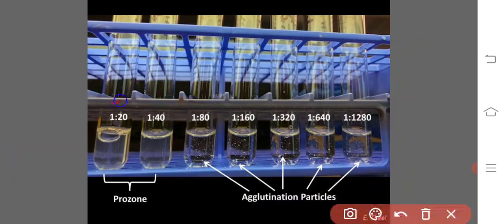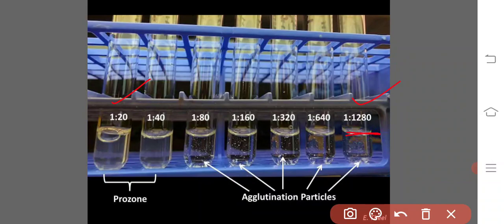Here, 1:20 to 1:1280. So a number of test tubes were taken and serum is added ranging from 1 is to 20 to 1 is to 1280. To all these, equal amounts of a suspension of Brucella abortus are added.